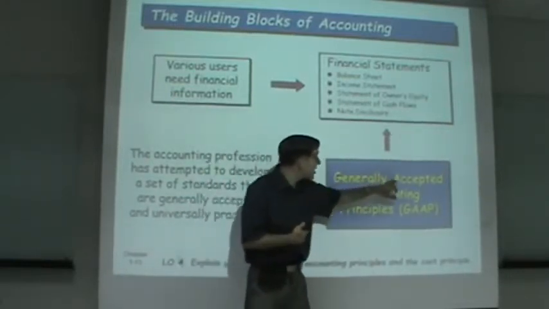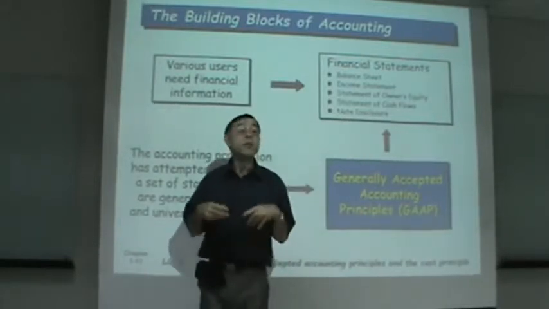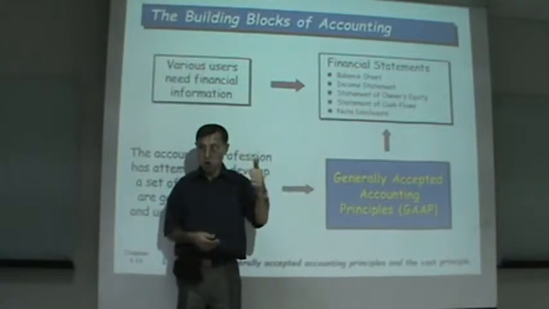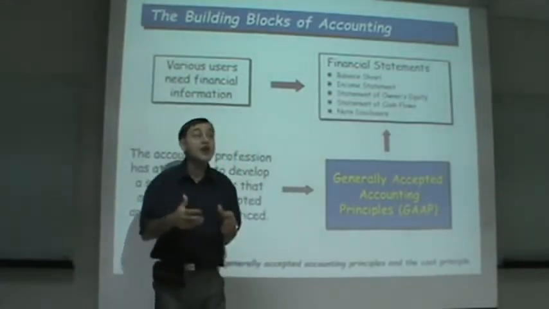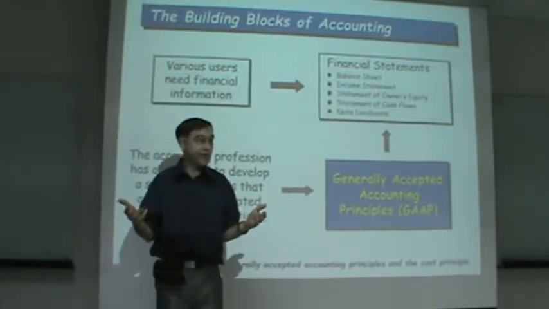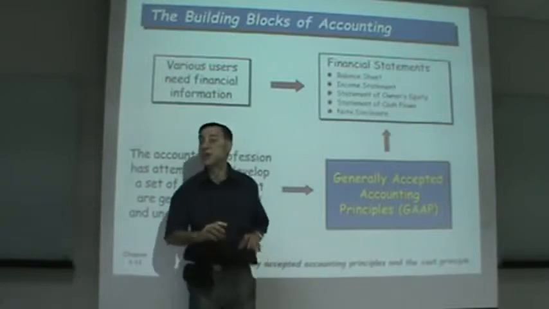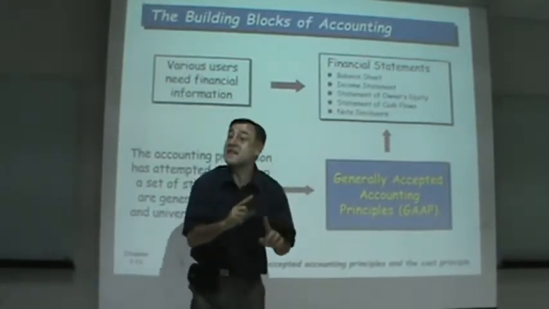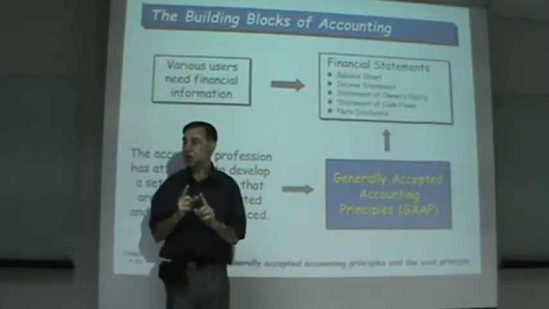And these are generally accepted. Generally accepted means that most people agree that these are good, that these are right, and that we should use them this way, okay? So these generally accepted accounting principles are usually developed in the United States, and then they are accepted internationally.